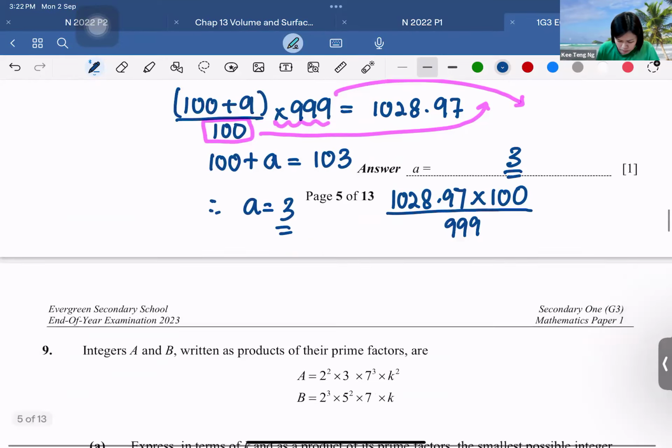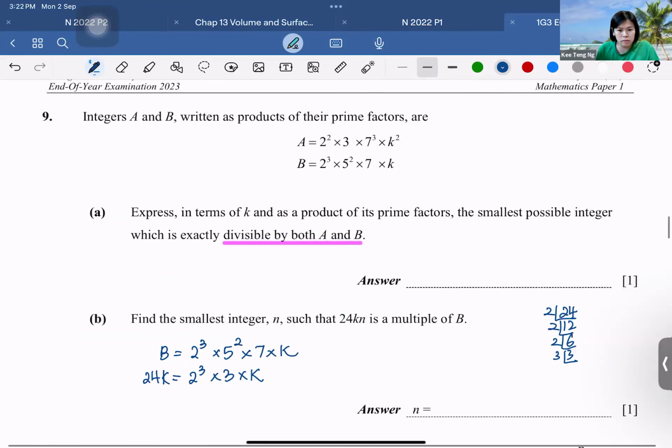Okay, next question. All right, this one. This question over here needs a little bit of theory and understanding because it's in algebra.